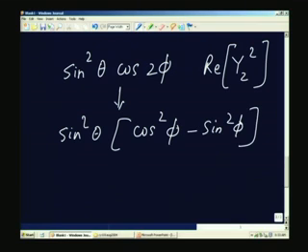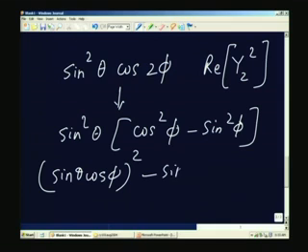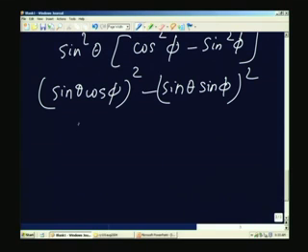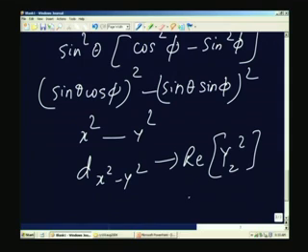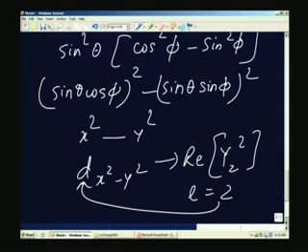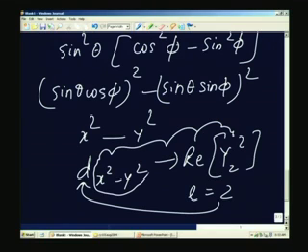And if you recall, this is nothing but sin theta cos phi whole square minus sin theta sin phi whole square. What is this? This is x square minus y square. Therefore, the label dx square minus y square corresponds to the real part of Y22 with L equal to 2. L equal to 2 is for d, the real Y22 is for this x square minus y square.